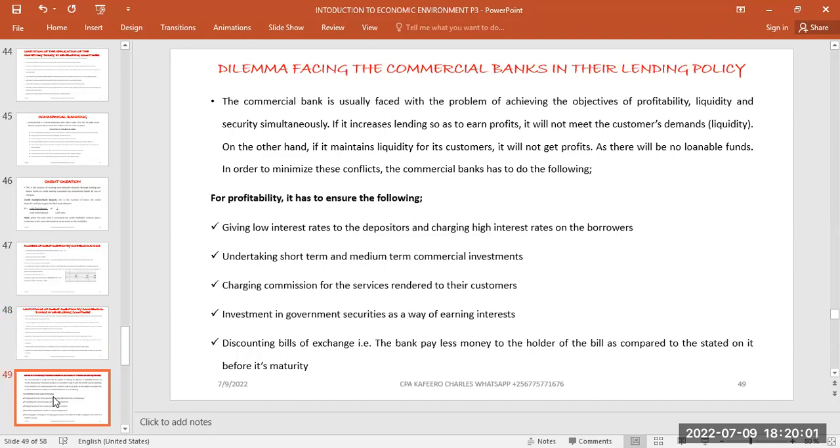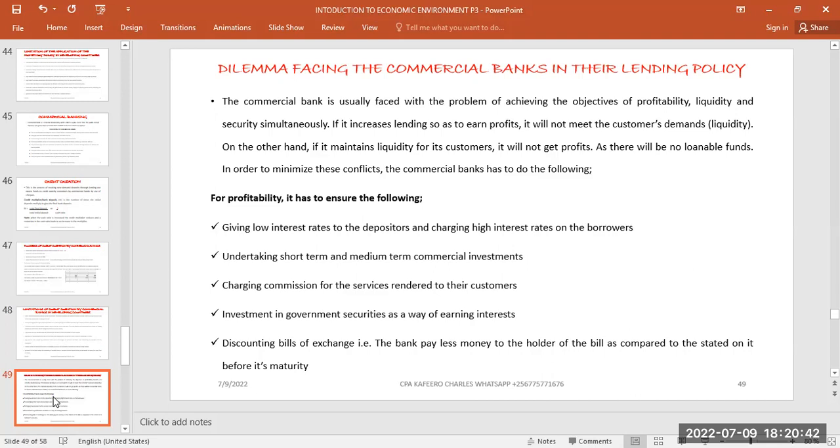Let's go to the dilemmas I was talking about. These dilemmas are faced by commercial banks within their lending policy. Let's try to look at how they come. Commercial banks are usually faced with the problem of achieving the objectives of profitability, liquidity, and security simultaneously, because they are supposed to achieve all of them at the same time.